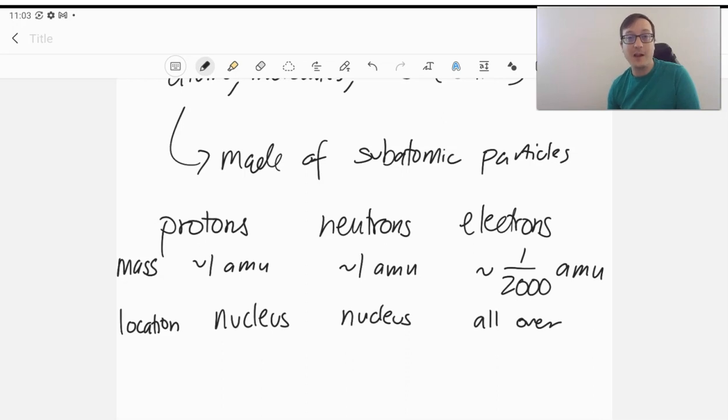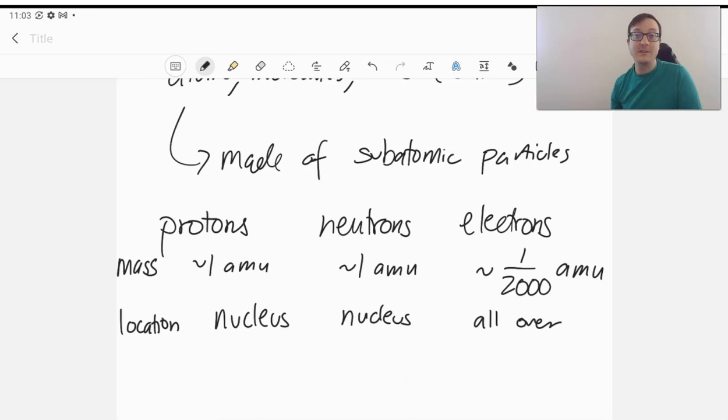We have mathematical projections of where they are likely to be, and what pathways they are likely to follow, but we don't know exactly. We can't pinpoint and say, there's an electron right here, and that's something we'll see when we talk about the Heisenberg uncertainty principle. So for right now I'm going to say they're all over the atom, everywhere except the nucleus, that is.